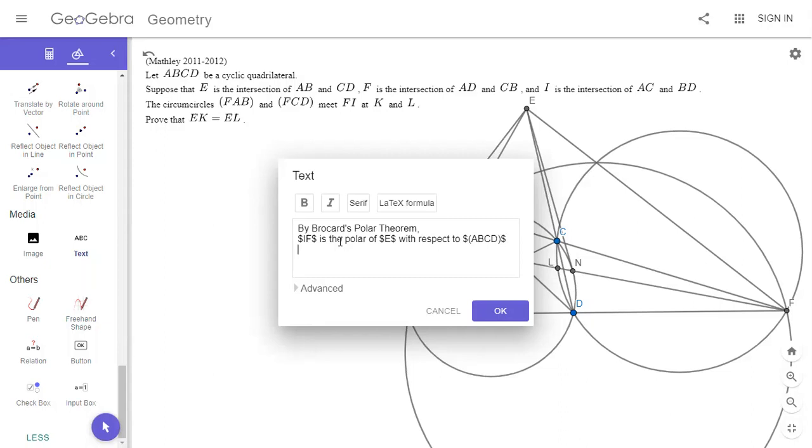And that implies that IF passes through N and O. All right, so that's Brocard's theorem.